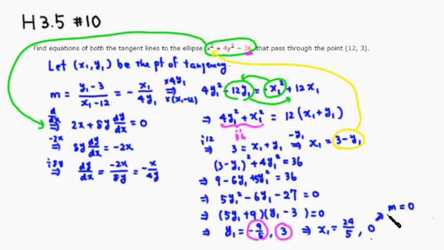And if you plug in x1 equals 24 over 5, this is going to give us m equal to negative 24 over 5 over 4 times y1, which would be negative 36 over 5.